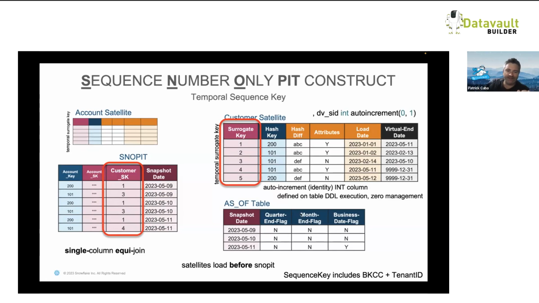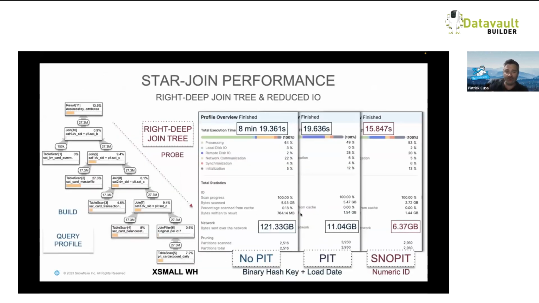So what I said earlier, there's a couple of things that happen when you build a PIT table structure, as well as if you're building facts and dimensions, is we're after that right deep join tree in your query plan. So what that looks like in your query profile is you've got a profile that looks like this, right? So what Snowflake does in the back end, when you've executed this query, it looks at all the statistics around the table and realizes that your dimension tables are smaller than your facts, and it picks an algorithm for you.